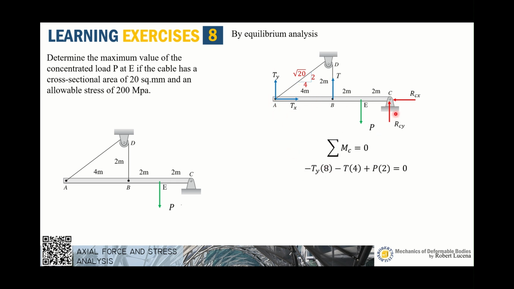Again, this is negative because it causes a clockwise rotation about point C, minus Tx times 4, again negative, causing clockwise rotation about point C, plus P times 2.